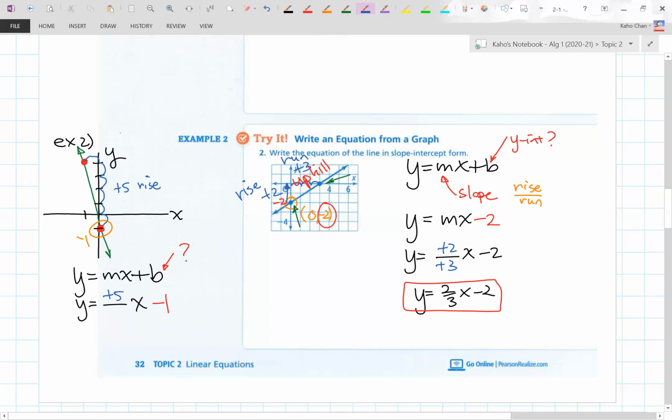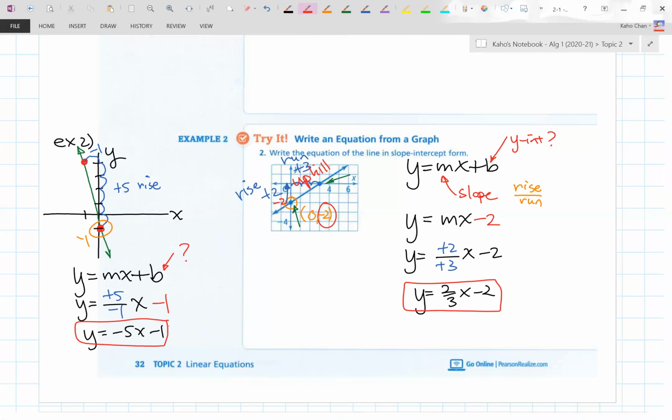Left horizontally is a -1, like that. That's it. I'm done. +5 over -1 is -5x. You can just shrink that together, and that will give you your final answer. y equals -5x minus 1. You can leave it over 1 if you want to. It's not a big deal.